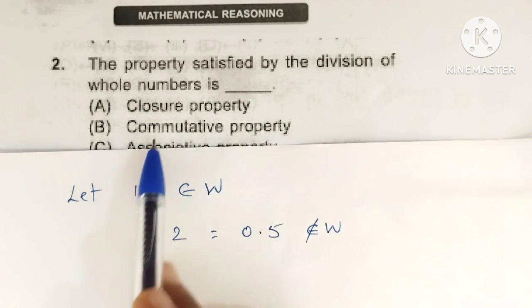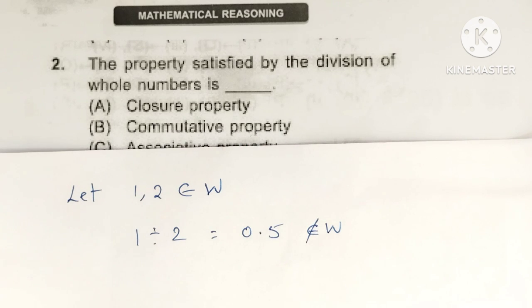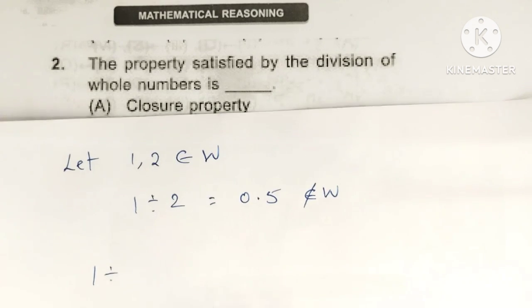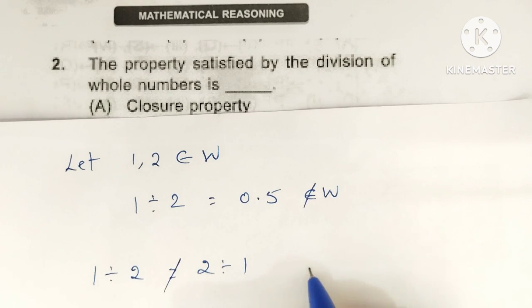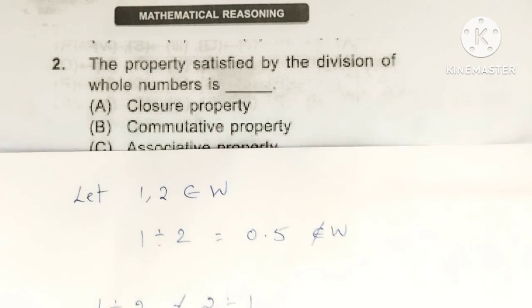And B. Commutative property. Commutative property means A divided by B equals B divided by A, that is 1 divided by 2 equal to 2 divided by 1, both are not equal. So commutative also does not satisfy. And third one, associative.